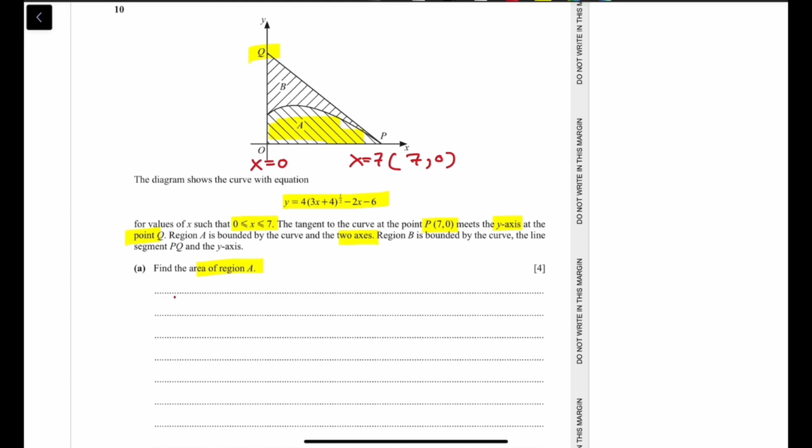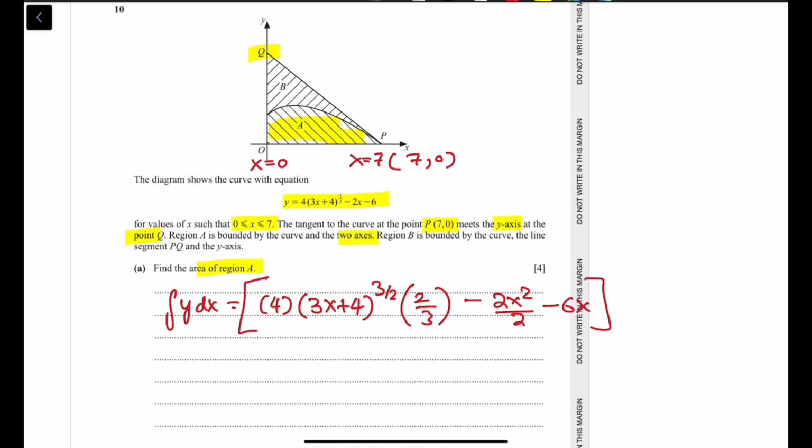So the integral of y dx equals 4 times 3x plus 4 to the 3 over 2 times 2 over 3, minus 2x squared divided by 2, which will end up being x squared, minus 6x. And since it's definite, I'm going to put 7 up here and 0 down here.